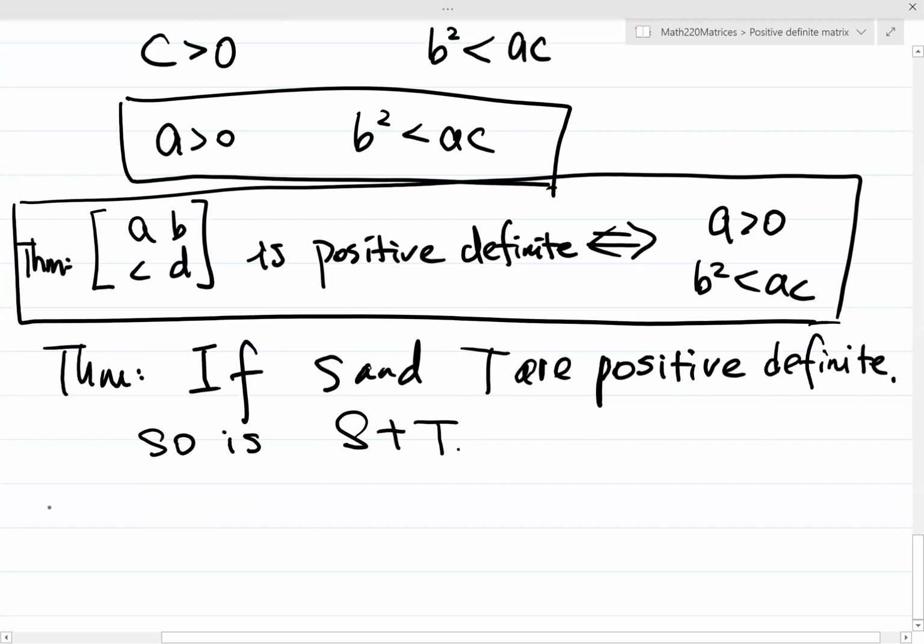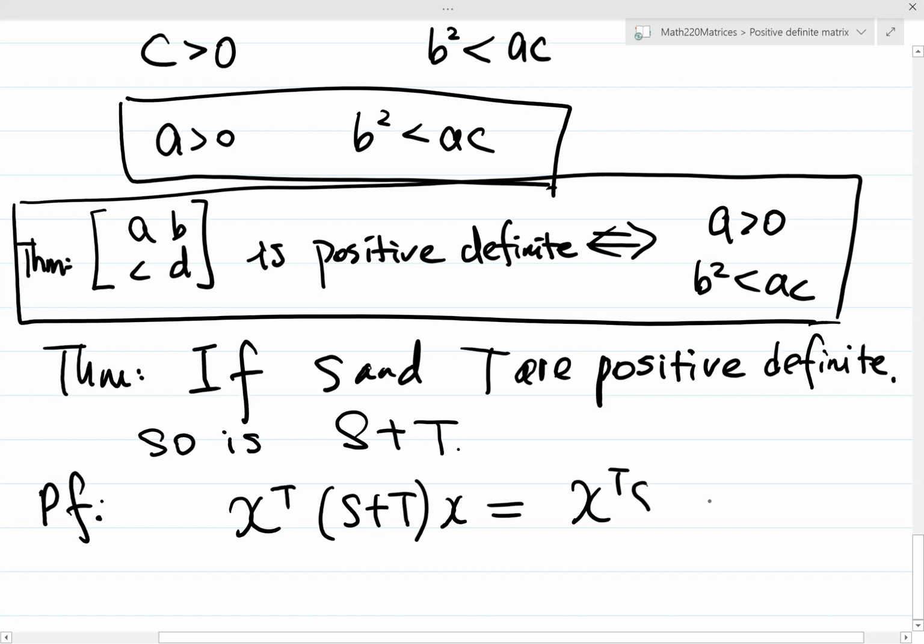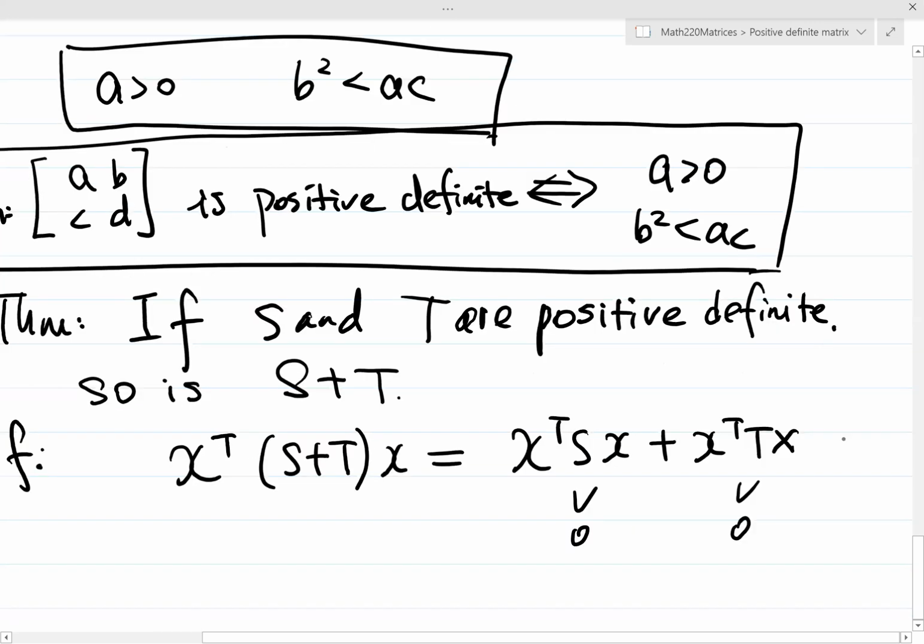Then so is S plus T. It's very easy to prove. If we do the inner product, x transpose (S plus T) x, by the linear property this equals x transpose S x plus x transpose T x. Now each term is positive, so the sum is positive for any non-zero vector x.